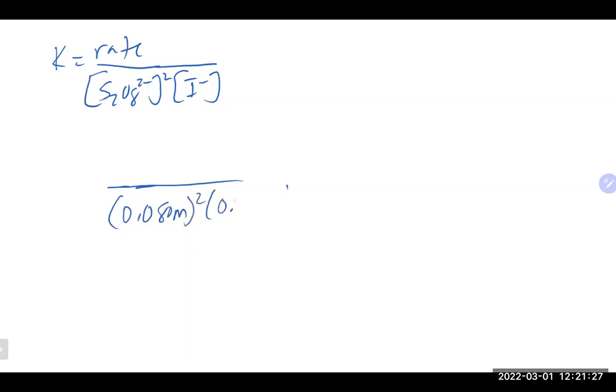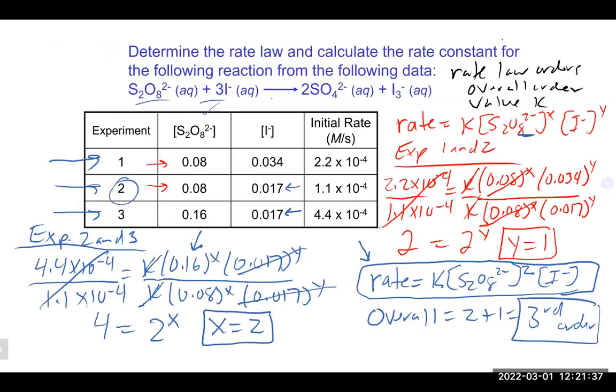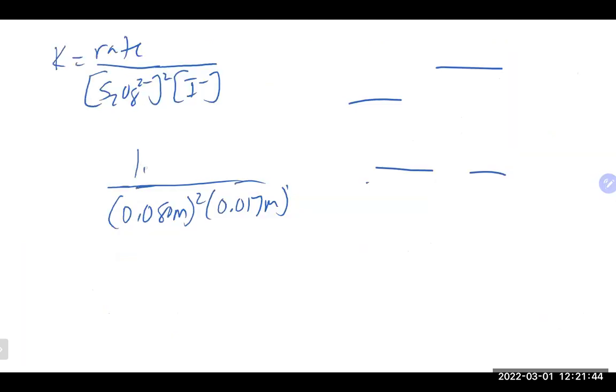Squared and 0.017. And I believe that was... if I go back, maybe keep putting lines on the paper. There we go. It is 1.1 to the minus 4.